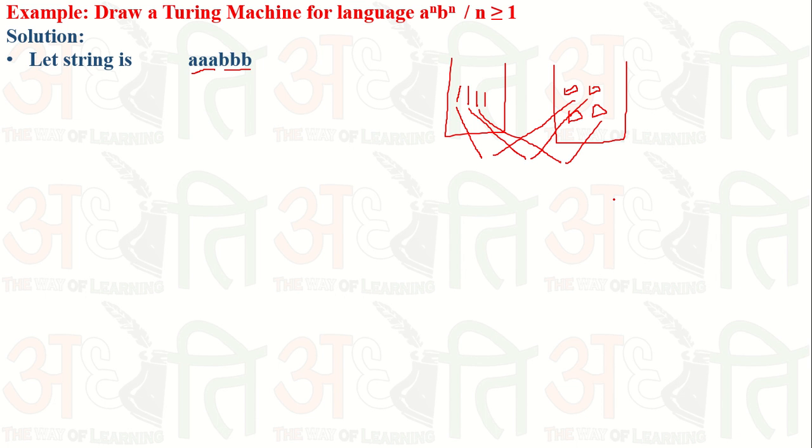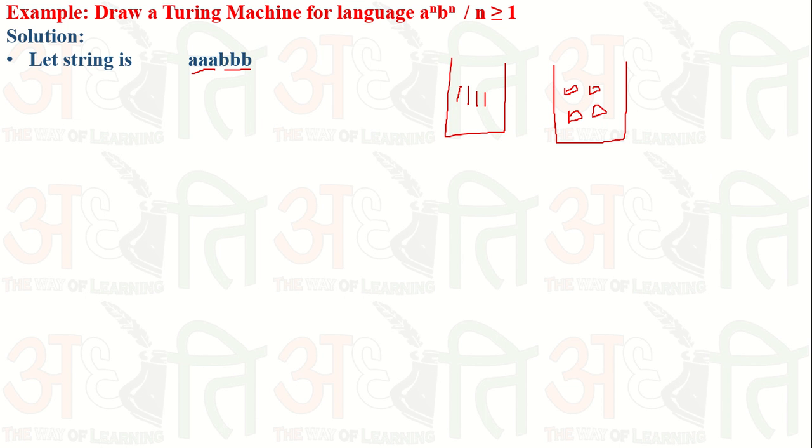But TOC has one more effective way, which we are going to implement using a Turing machine. How can we do it? Suppose we take a chalk. With the help of that chalk, we simply mark.